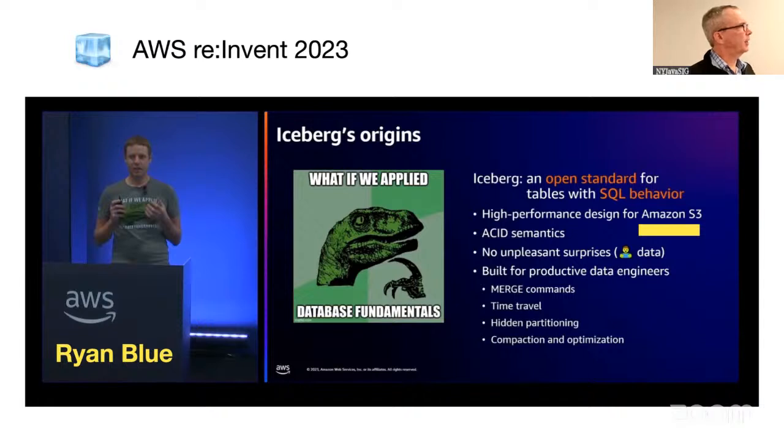And so they designed Iceberg to address some of the shortcomings that they were having at scale. Iceberg allows you to have a well-defined schema, and it has mechanisms for evolving the schema over time. If you're really interested in the history of Iceberg, I'd go find this on YouTube.